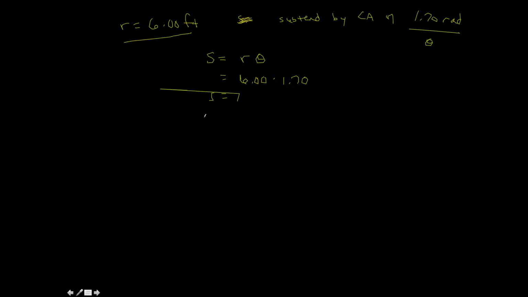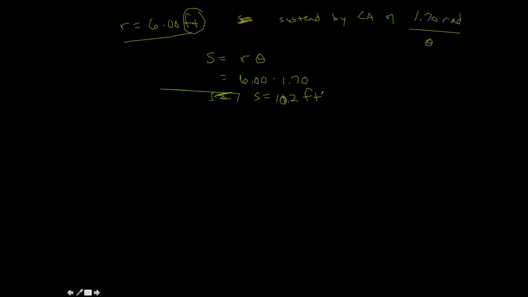This would be 10.2. Now, 10.2 what? Well, we're talking about a length. This is arc length. What length do we have here? Feet. So 10.2 feet would be our arc length.